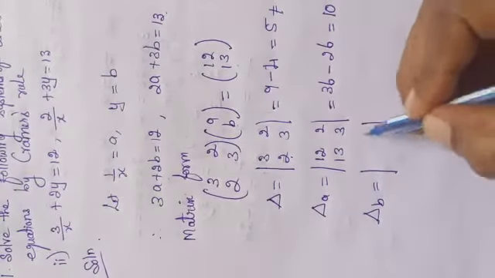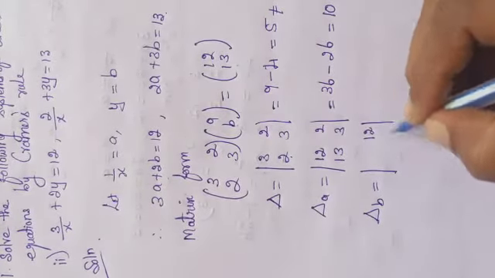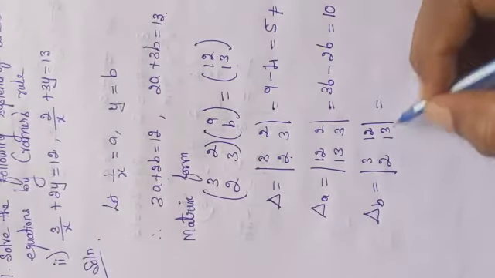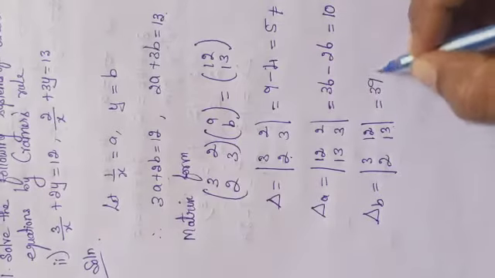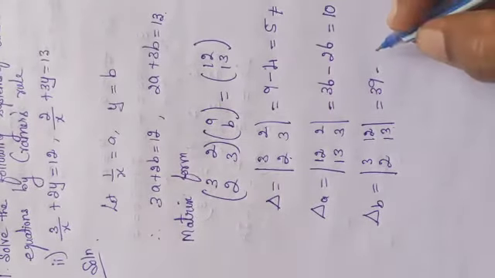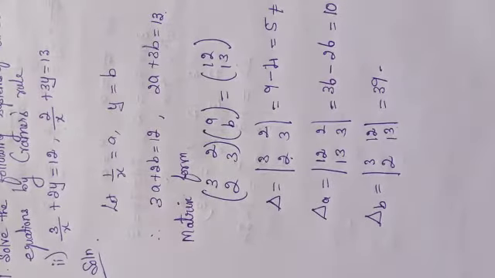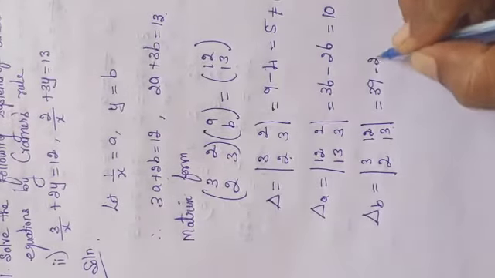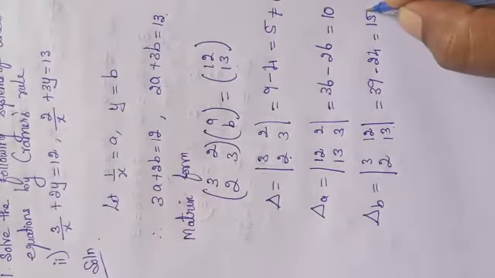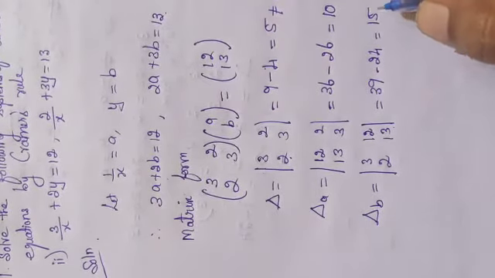So b value, here we have to use the constant, that is 12, 13 in this place, that is 3, 2. Now 3 into 13, 39 minus 2 into 12, that is 24, which is equal to 39 minus 24 is 15. So we have got all the values.